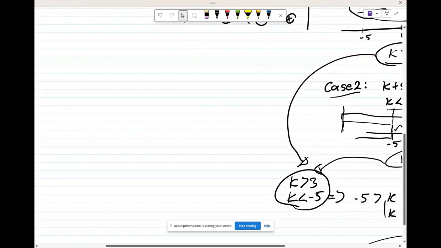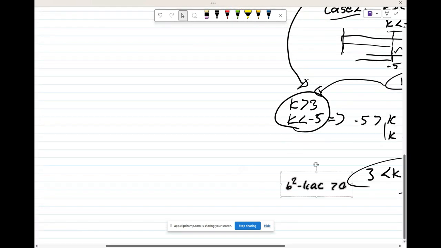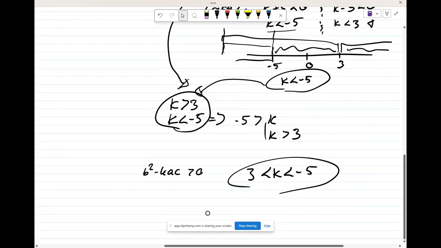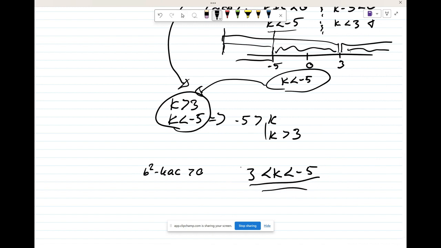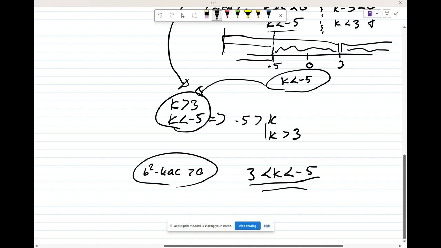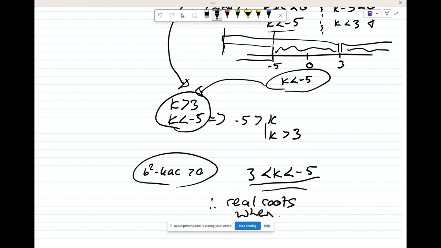So when k is greater than 3 and less than -5, then b squared minus 4ac of the equation we started with is greater than 0, and therefore real roots. So real roots when k is greater than 3 and less than -5. That's your question done.